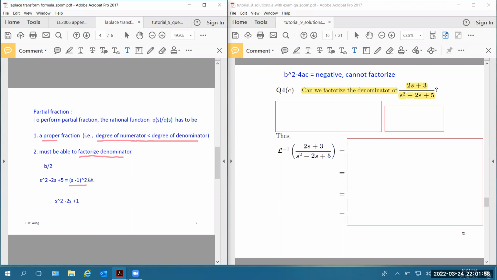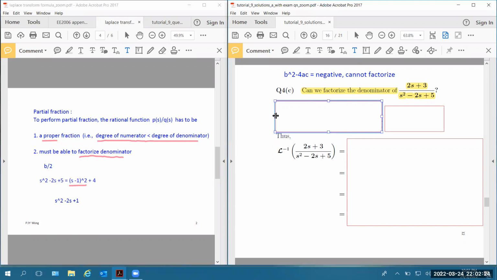You compare this with what you have here. The first two terms will match, but the constant doesn't match, so you adjust the constant. Currently you got +1, but the final one is +5, so you are short of 4. So this is 4. Okay, that's how it is done.